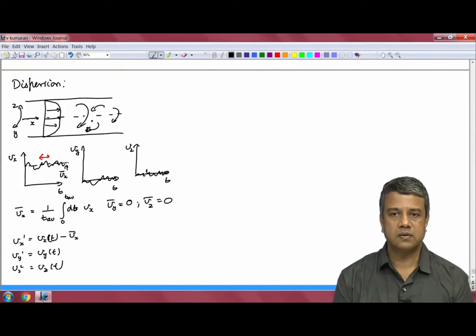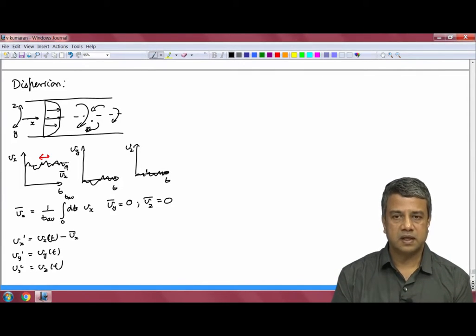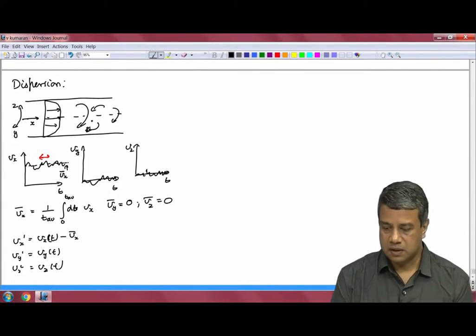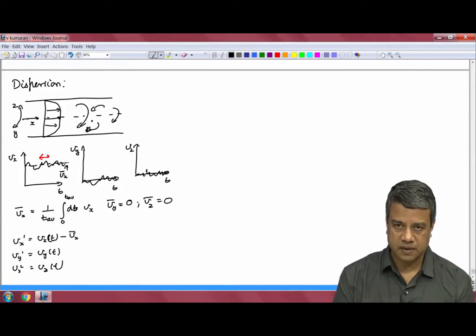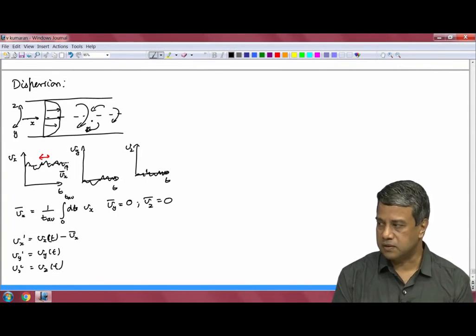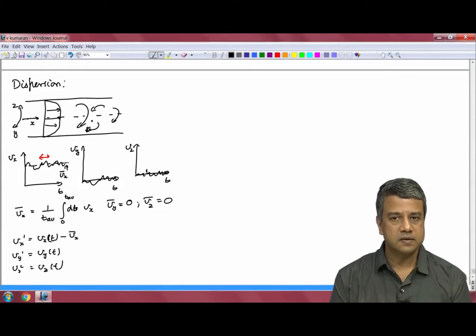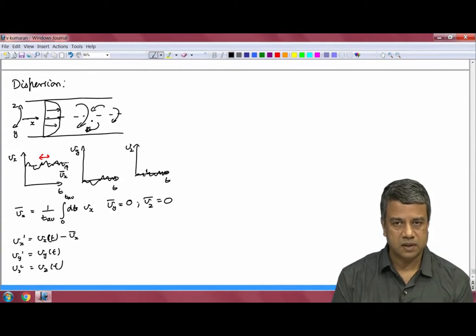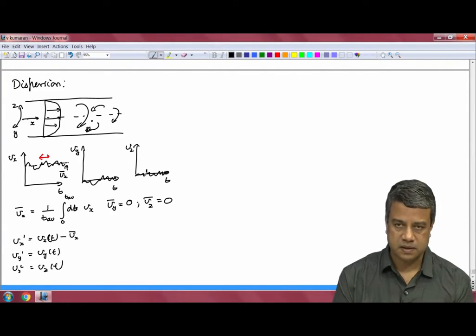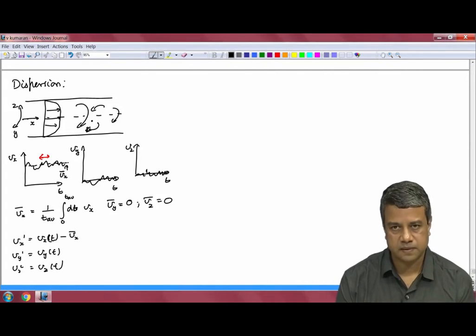So, when you artificially separate out the fluid velocity field into an average value, which in a turbulent flow is the time average, and fluctuations about that average, the transport due to the average value is the convection with the mean flow. The convection due to fluctuations is the dispersion. That is what is referred to as dispersion.